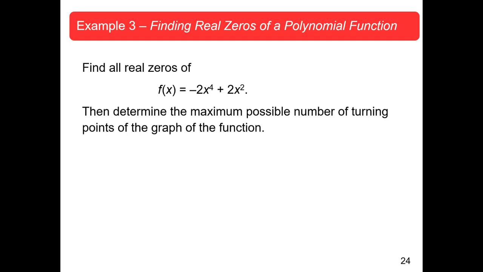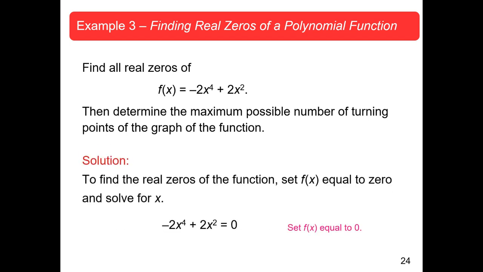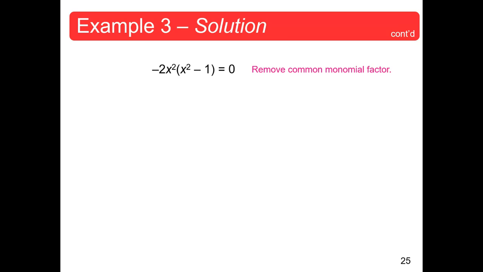Let's find all the zeros for this function. First of all, we can set it equal to 0. In both of these terms, you can factor out at least a 2x squared, and what is left is x squared minus 1, which is 0.